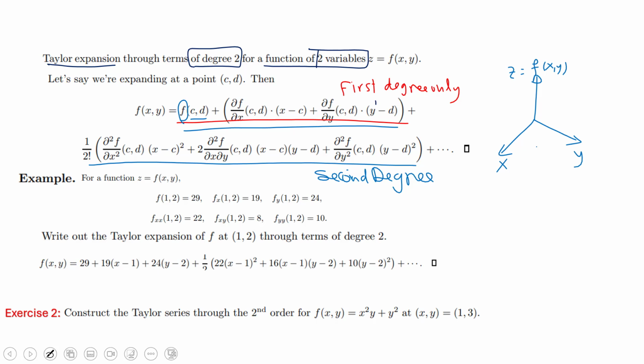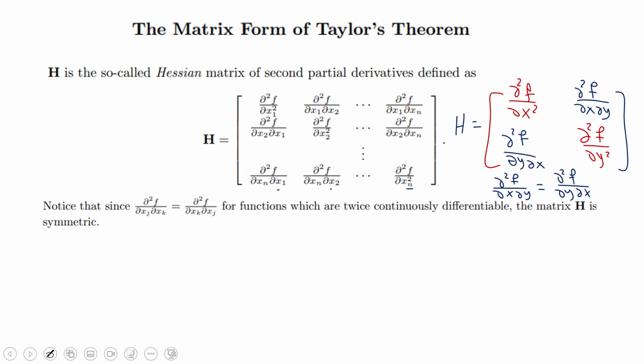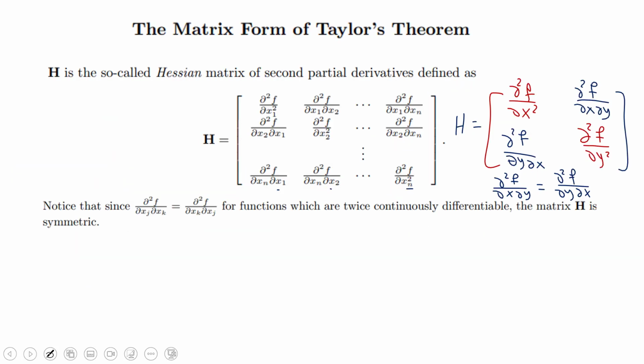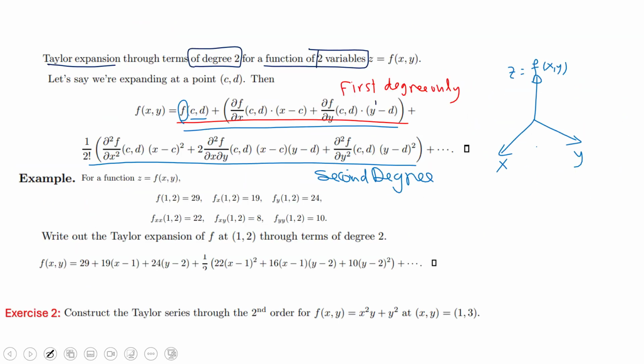So in a one variable function, you have x equal to a constant, right? In the two variable case, any point is x and y, right? So you have c and d, right? c for x and d for y.